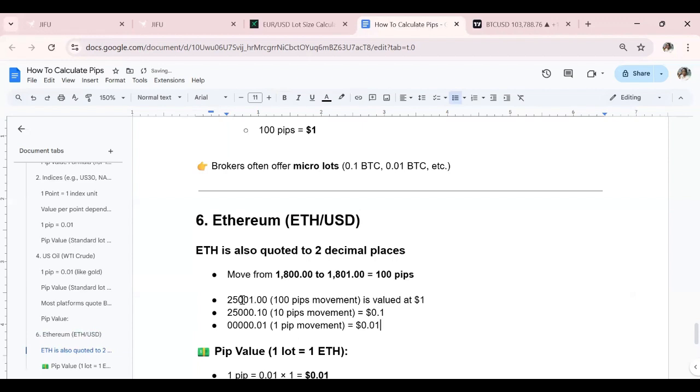So this is 1800, this is 1801, this is 1800.10, and then this is 1800.01.